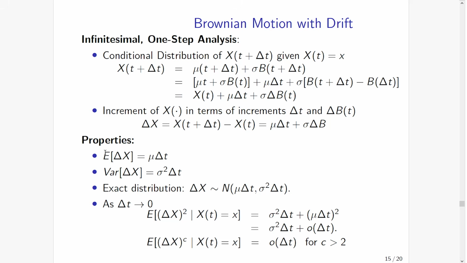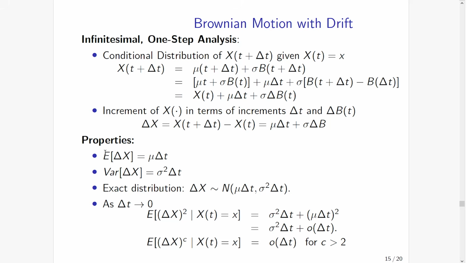And so increments of x correspond to increments of time times the drift rate, mu, plus sigma, the volatility parameter, times the increment of the standard Brownian motion.